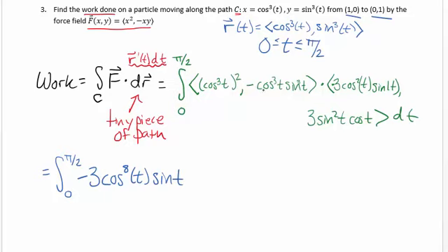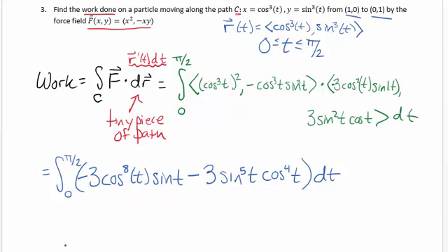And then we've got negative cosine cubed sine cubed times that second component from the derivative. So that's a negative 3, sine to the 5th t, and cosine to the 4th t. And this is all integrated with respect to t.